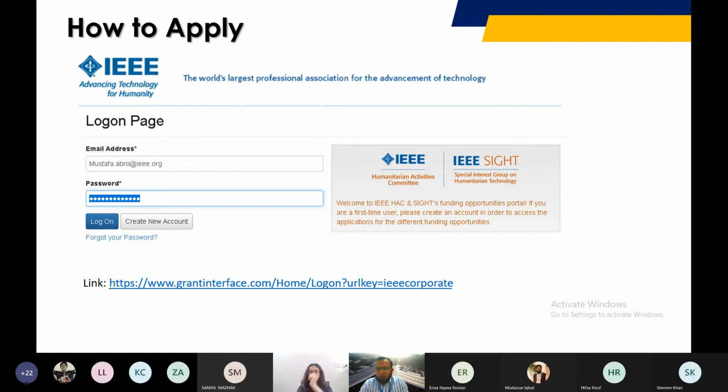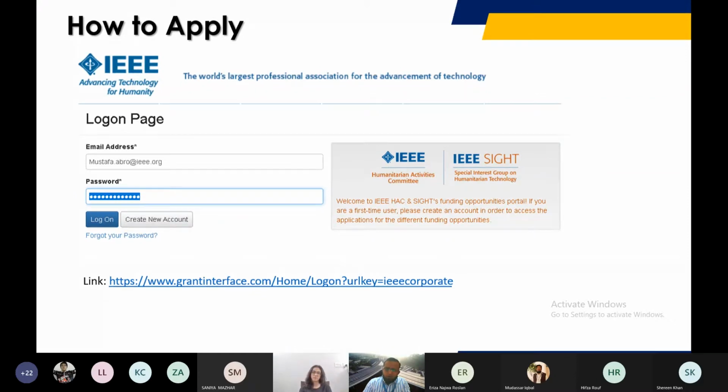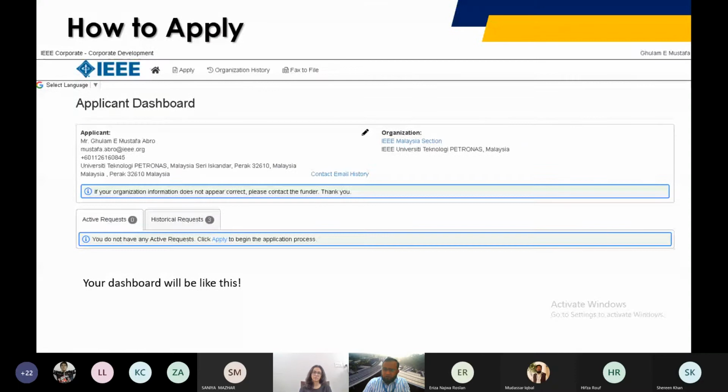But now, as the rule has changed, the senior member should be the primary applicant, so you have to ask the senior member to log in on this particular page. Once the primary applicant, who is the senior member, logs in on this page, it will direct you towards the dashboard.